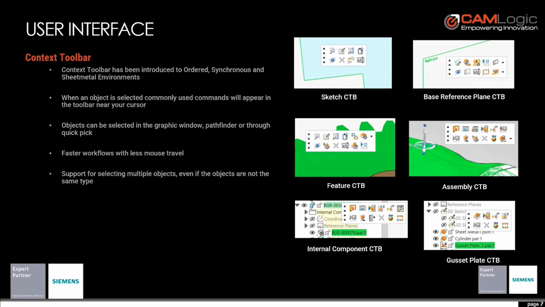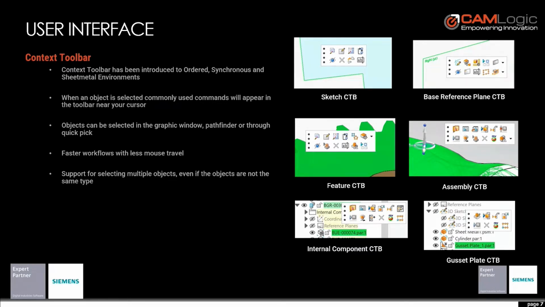Another big change to the user interface is this context toolbar. This is a feature that was actually added in 2022, but it was only added for the sketch environment. It has been added to the part environments for both ordered and synchronous, as well as the sheet metal versions too.